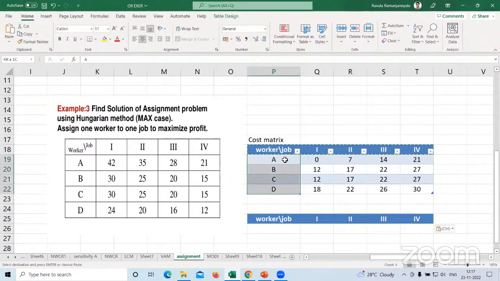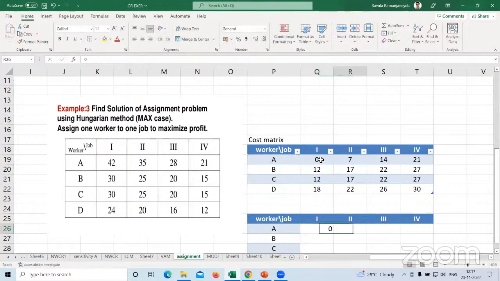What are the values we get? So row wise reduction, the first row will be 0. There is no change. So 7, 14, 21. Whereas in the second row, 12 is the least, so 12 minus 12 becomes 0, 5, 5, 10, 10, 15.